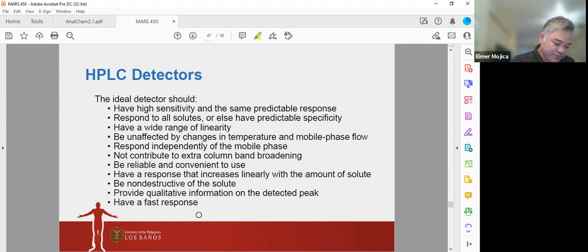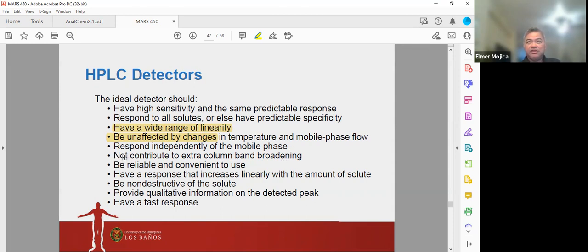As much as possible, you want your detector to respond to all solutes, or else have predictable specificity. It should have a wide range of linearity. It should be unaffected by changes in the temperature or the mobile phase flow. It responds independently of the mobile phase.